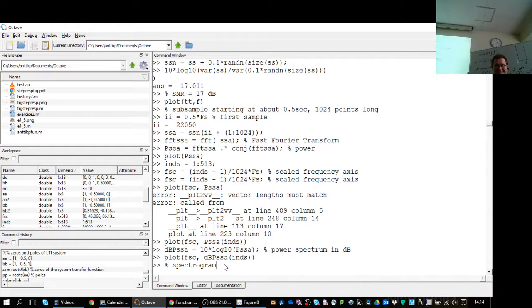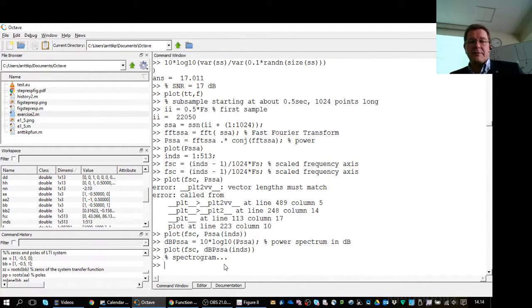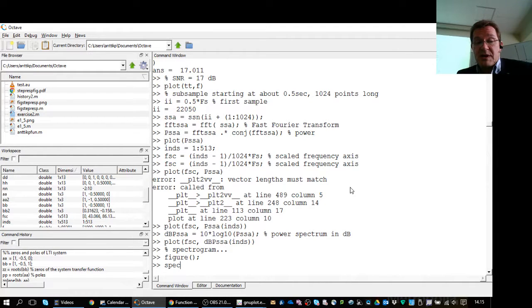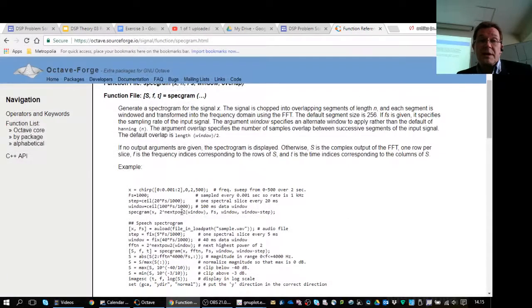What? That's not an engineer's way of doing it, but okay, let's try the spectrogram in any case. So spectrogram was the function, and with that parameter, it should actually plot a nice spectrogram for us. Well, I'll do a new figure, and just say spectrogram, and let's see quickly.